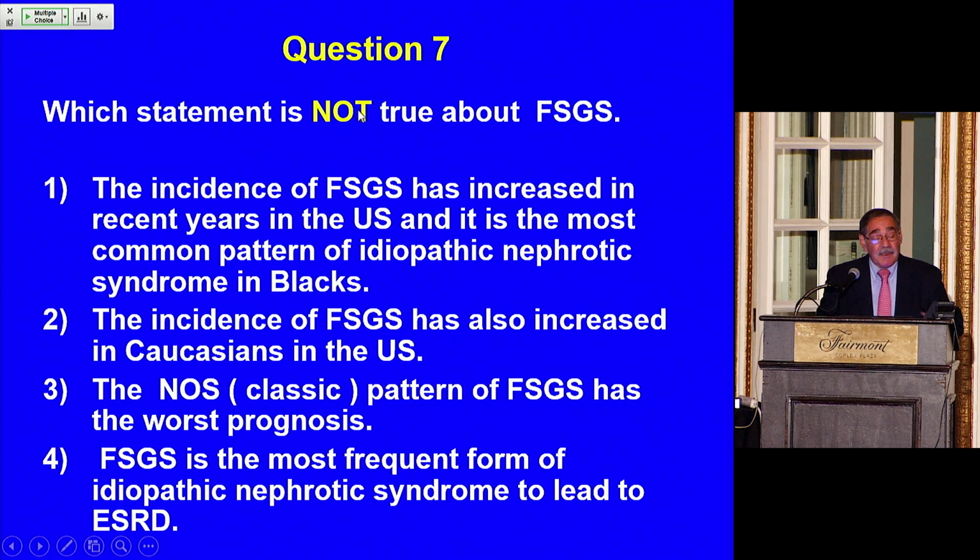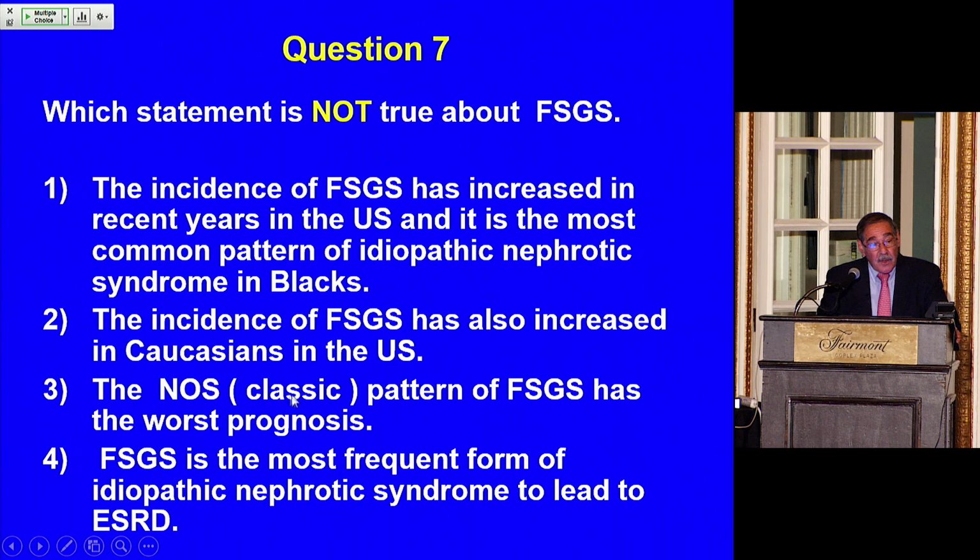Okay, which statement is not true about focal segmental sclerosis? The incidence of focal sclerosis has increased in recent years in the United States, and it is the most common pattern of idiopathic nephrotic syndrome in blacks. The incidence of focal sclerosis has also increased in Caucasians in the United States.